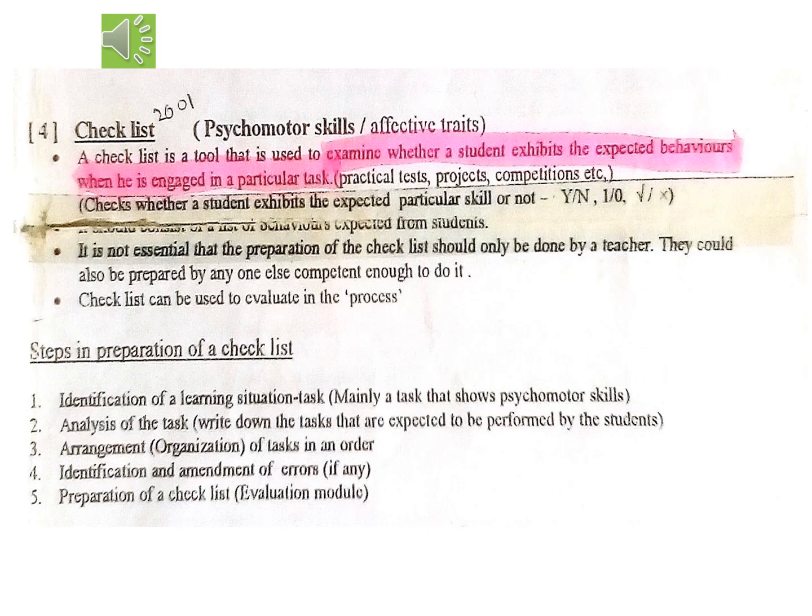Likewise, the student recites all three stanzas of the whole poem correctly. Likewise, we have to break down the task into sub steps. Number 3, arrangement, organization of the task in an order. First, you jot down all the steps, then you have to order them as the process goes on.